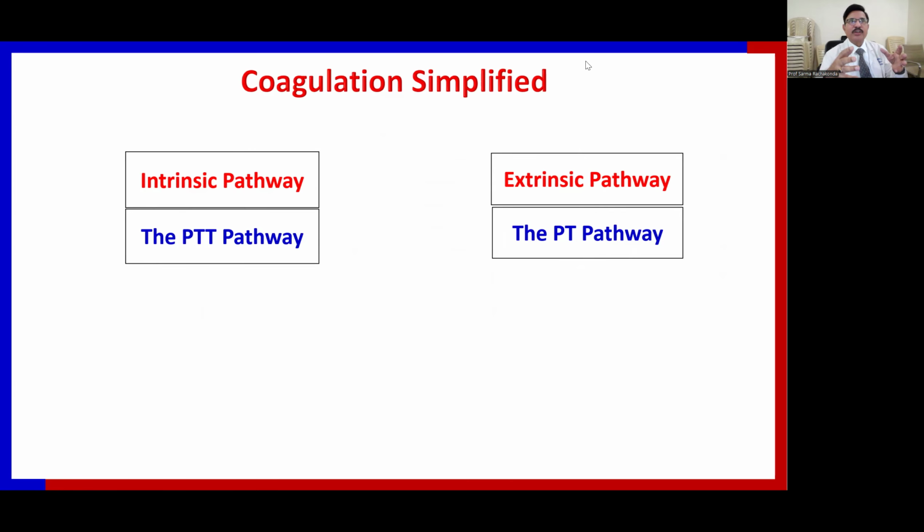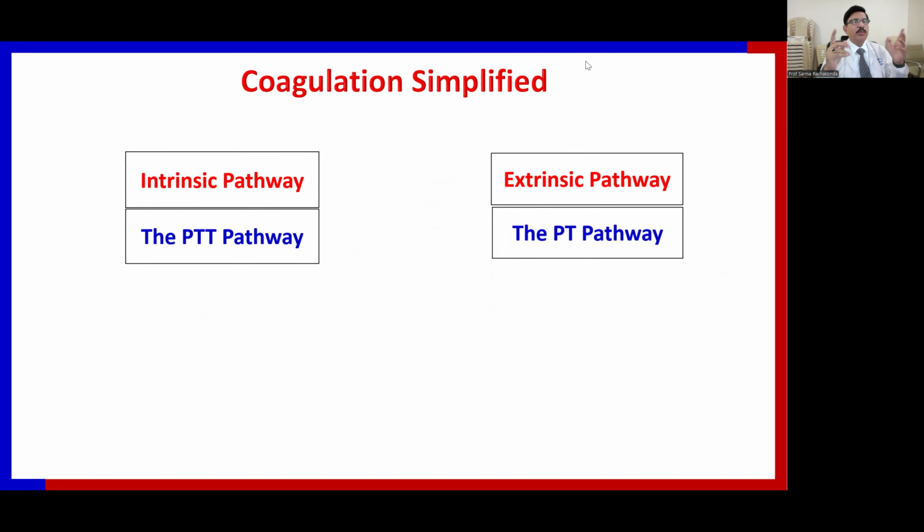The purpose of the lecture is to train you about the PTT pathway and the PT pathway: intrinsic pathway, PTT pathway; extrinsic pathway, PT pathway. If I want to test the intrinsic pathway, I must do partial thromboplastin time. If I want to test the extrinsic pathway, I must do the prothrombin time.